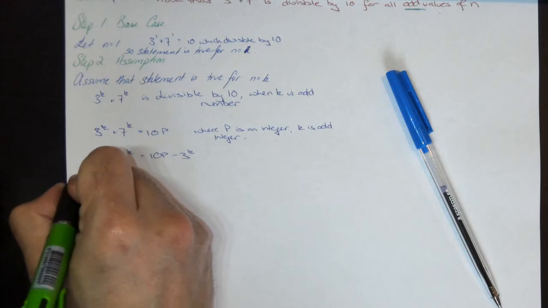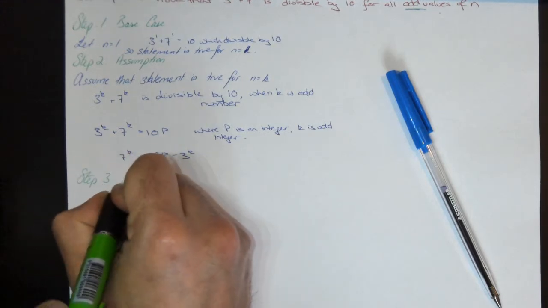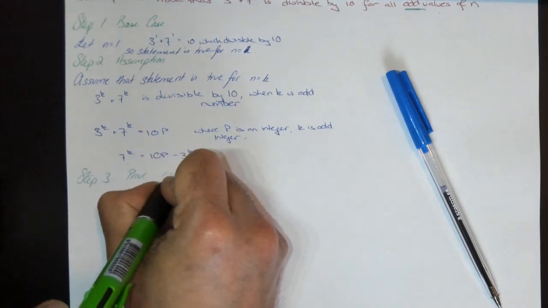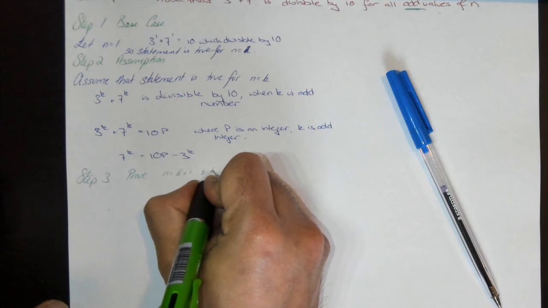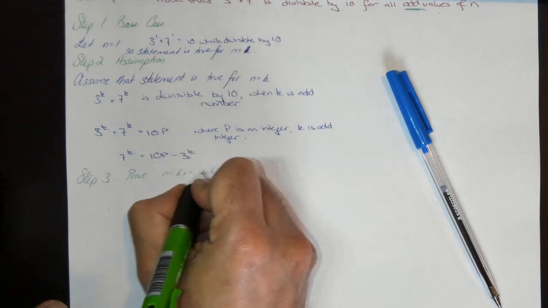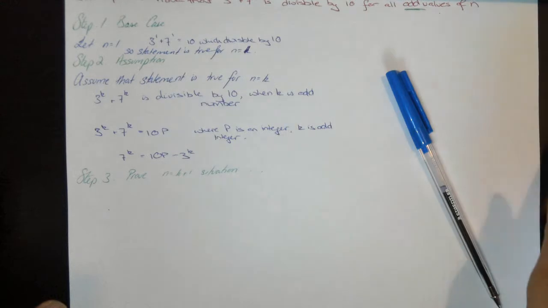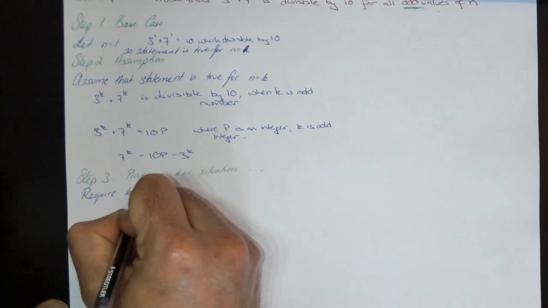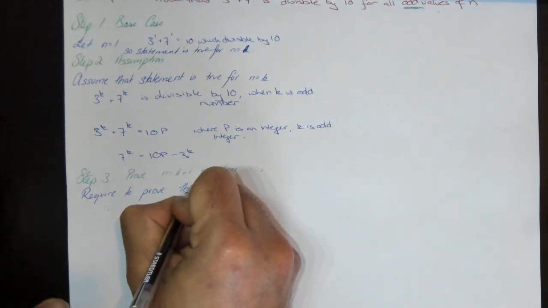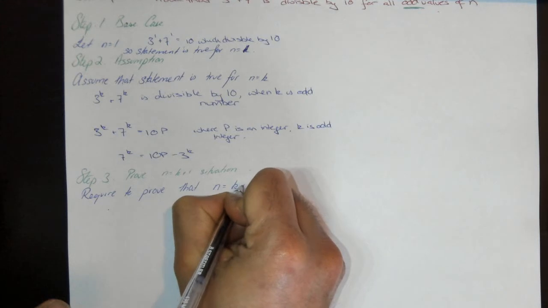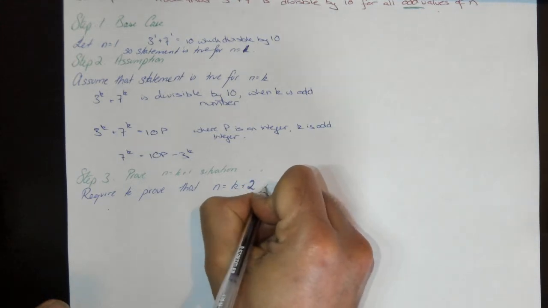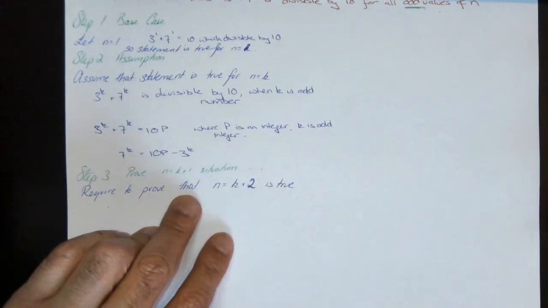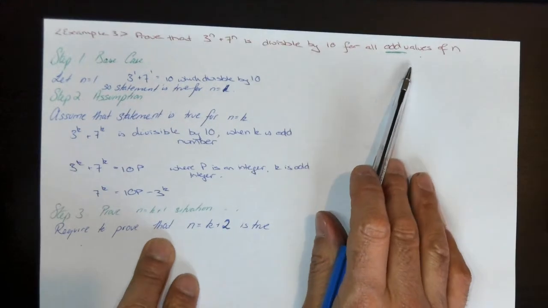Alright, step 3. Prove the n equals k plus 1 situation. So we're actually required to prove that n equals k plus 2 is true. And the reason why I said n equals k plus 2 is that we're looking at only the odd values.